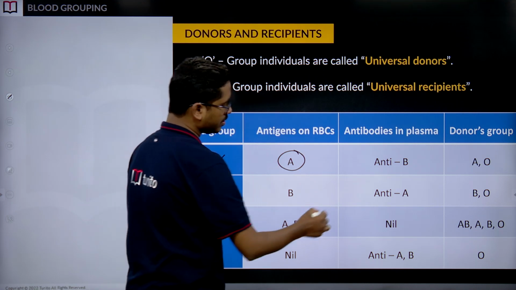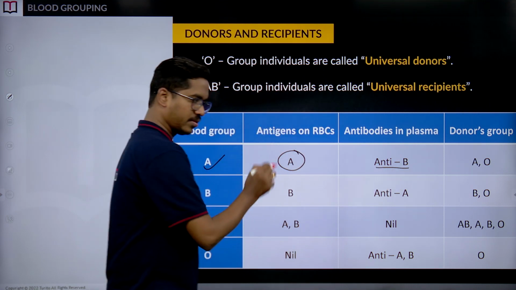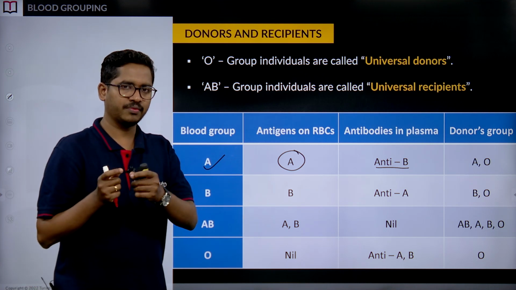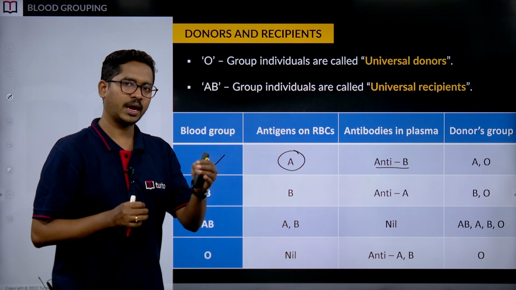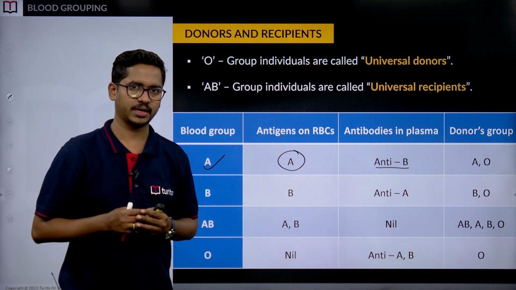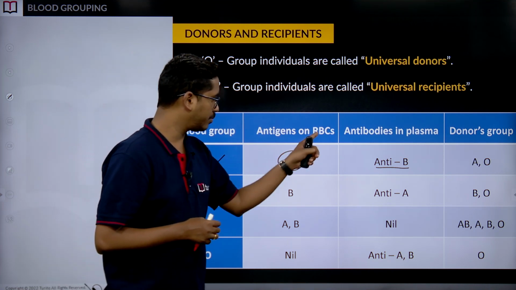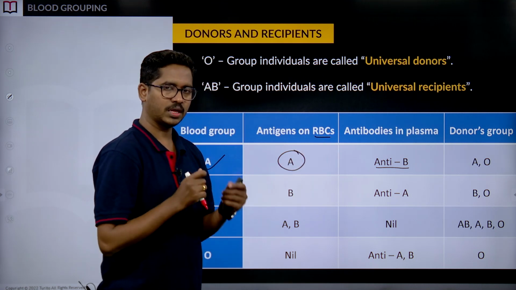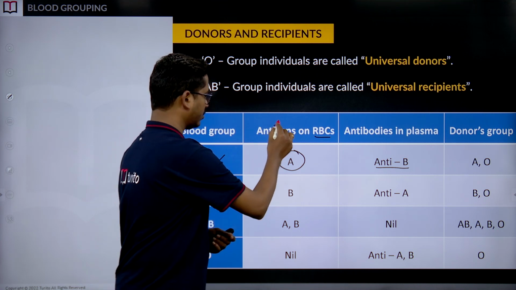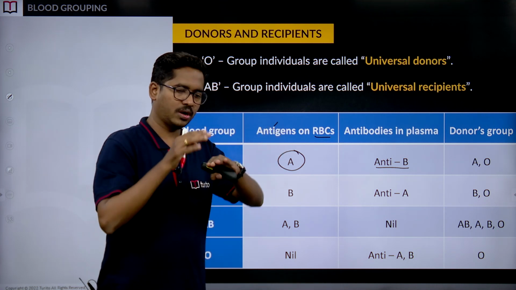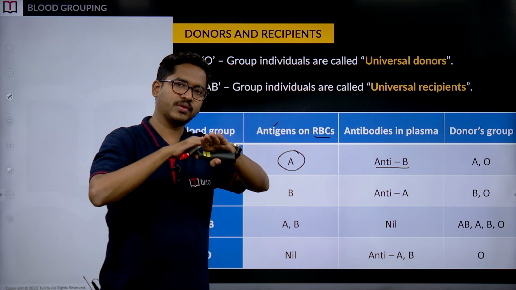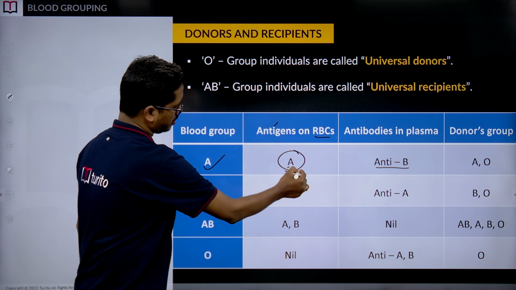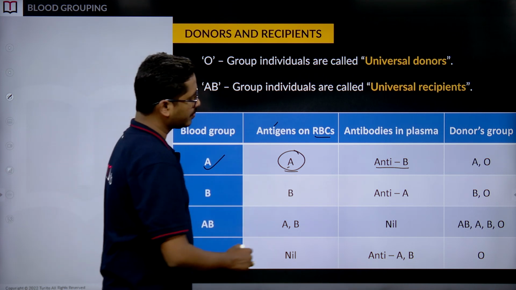What about antibodies in the plasma? For the person with blood group A, plasma is different, we have learnt earlier, isn't it? And blood cells are different, we have learnt that earlier. In the RBCs, we get to see the presence of the antigen. These antigens are actually on the surface of the RBCs. So, for blood group A, antigen A is available, okay.